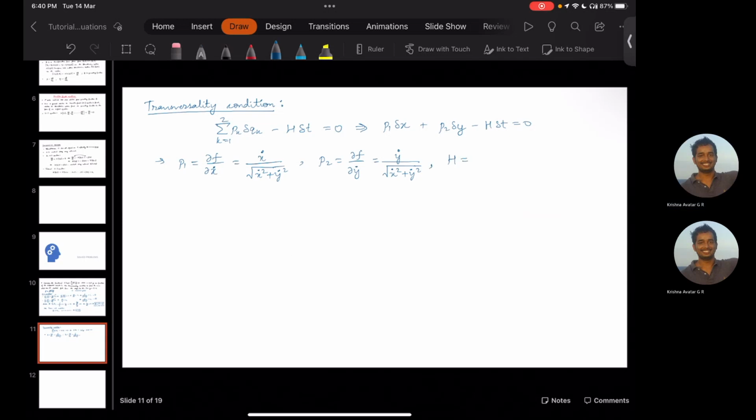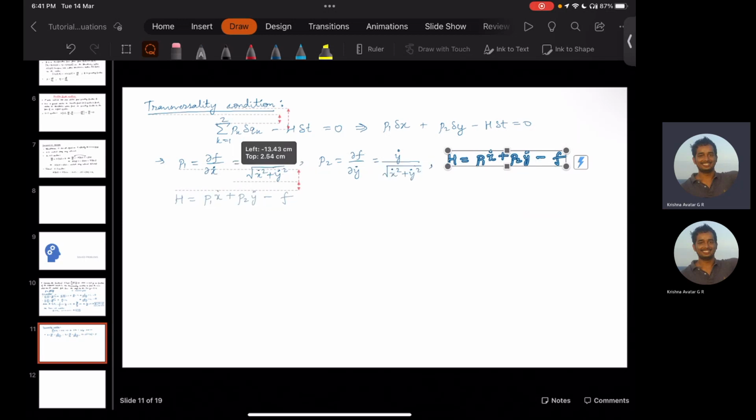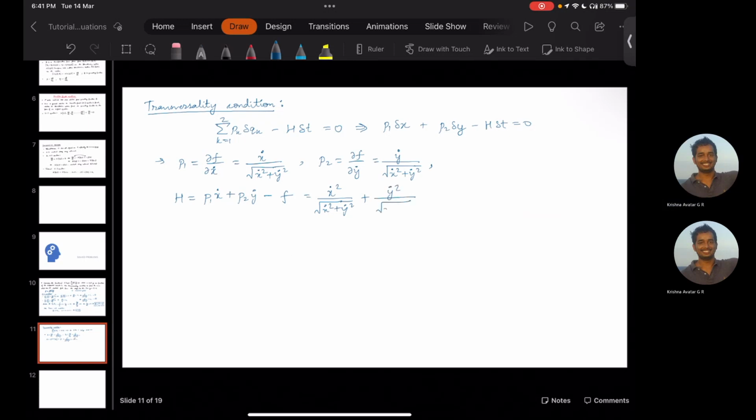And h is given by p1 x dot plus p2 y dot minus F. So p1 into x dot is x dot squared divided by root over x dot squared plus y dot squared, plus similarly p2 y dot is y dot squared divided by root over x dot squared plus y dot squared, minus root over x dot squared plus y dot squared.